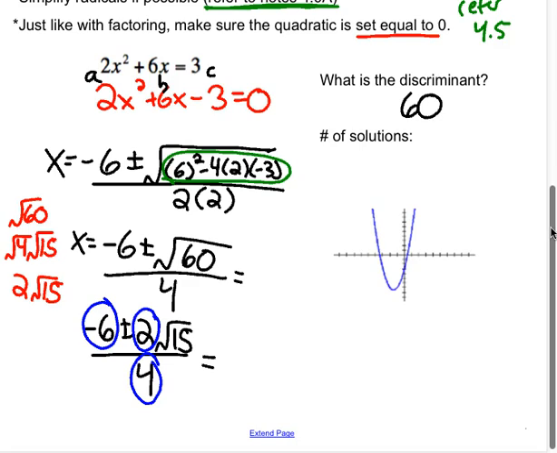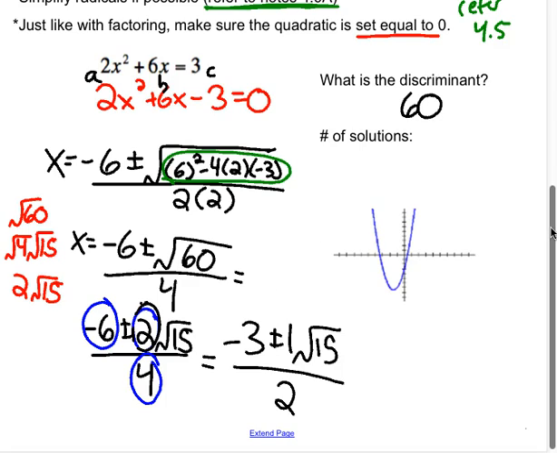So I can simplify this fraction by dividing everything by 2. Okay, aside from the square root, because that's taken care of by this 2 right here. So you don't divide the square root. But I divide everything else by 2 to reduce this fraction.